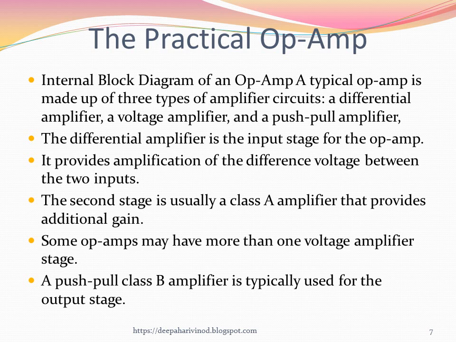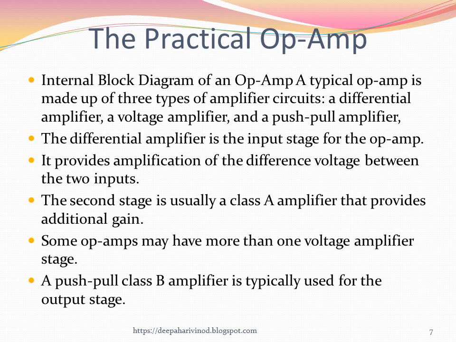The second stage is usually a class A amplifier that provides additional gain. Some op-amps may have more than one voltage gain amplifier. A push-pull or class B amplifier is typically used for the output stage.